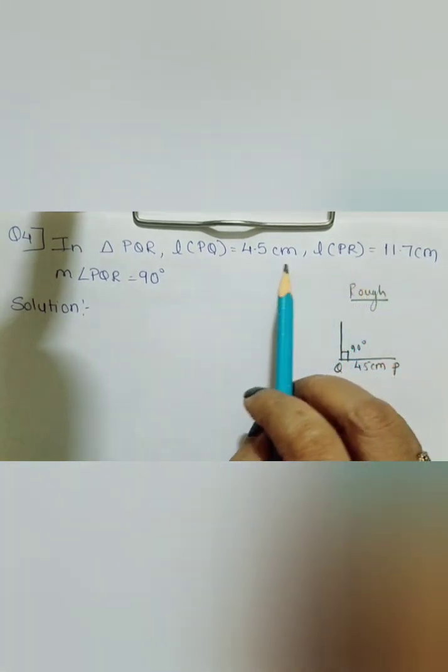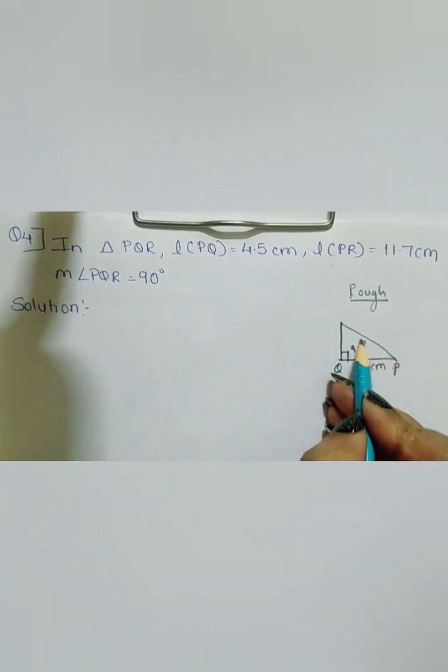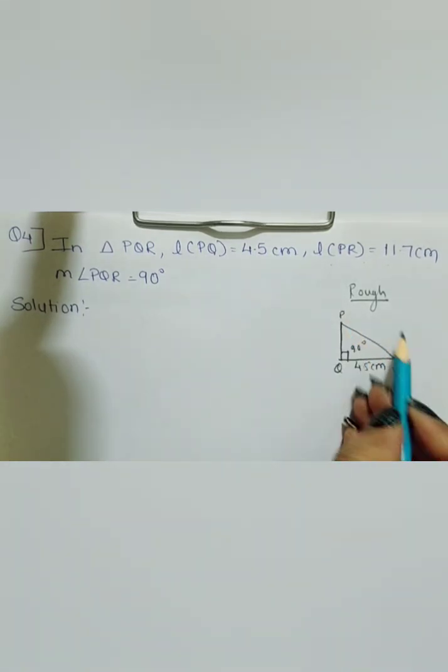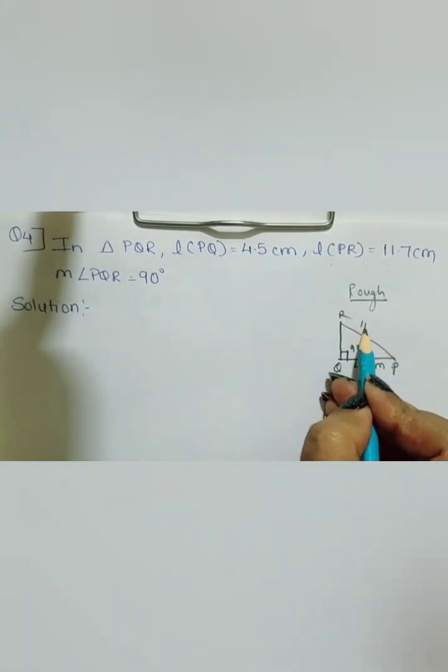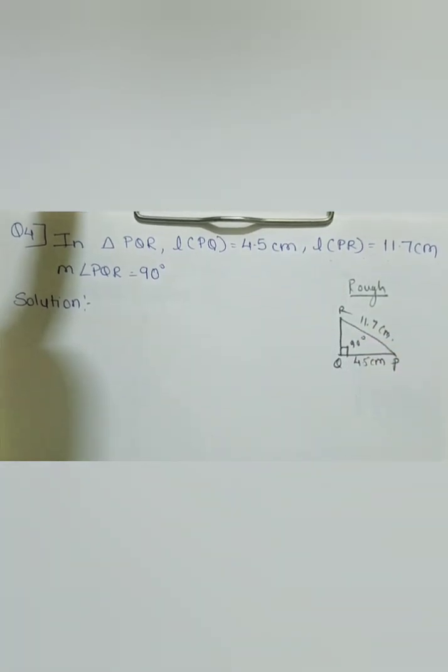Now PR is given 11.7. This is our PR, 11.7 centimeter. Now we are going to draw diagram.